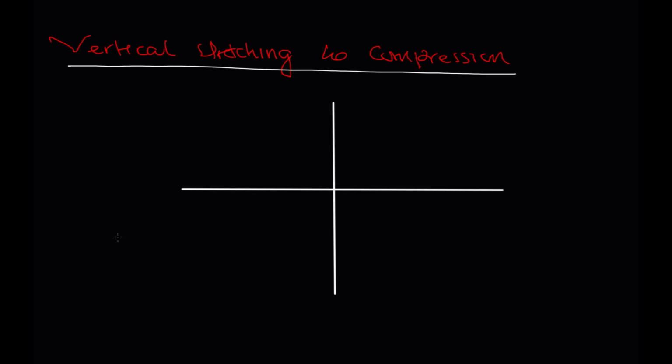Okay, so let's look at vertical stretching and compression. So we can compress a graph vertically, or we can compress or stretch it horizontally. So now let's say we have a graph like this.